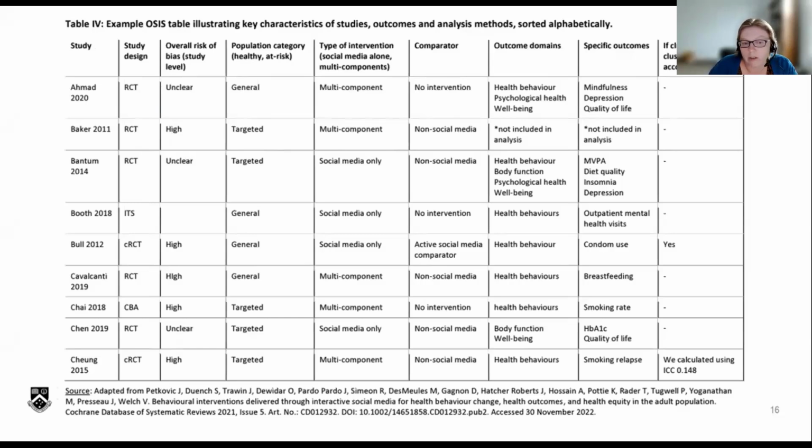And one thing that's a little bit different about this study, they've highlighted which of the randomized trials are cluster randomized trials, indicated there as CRCT. And in the last column over on the right, one of the key things when you're including cluster randomized trials in a review is that you need to ensure that clustering was accounted for in the analysis, and either ensure that that was done in the included study itself, or you need to adjust those results as the author of the review.